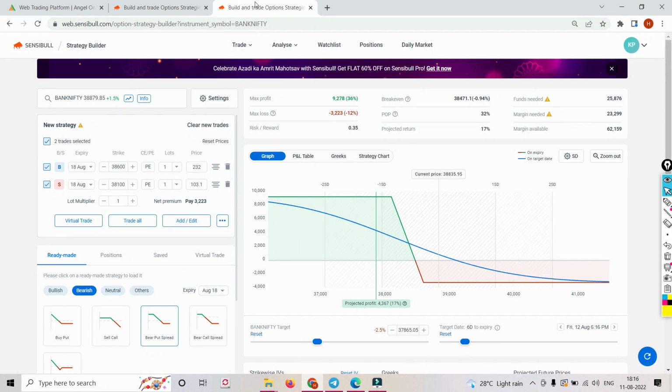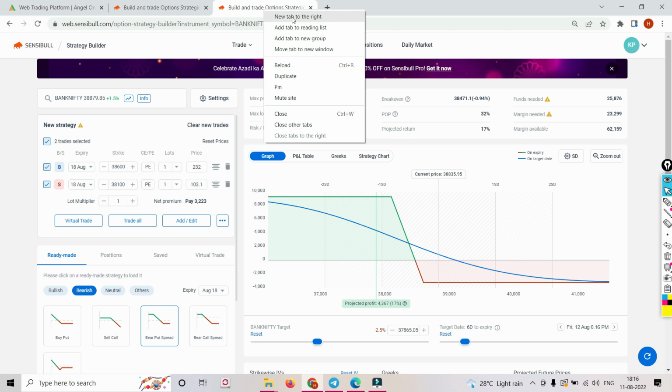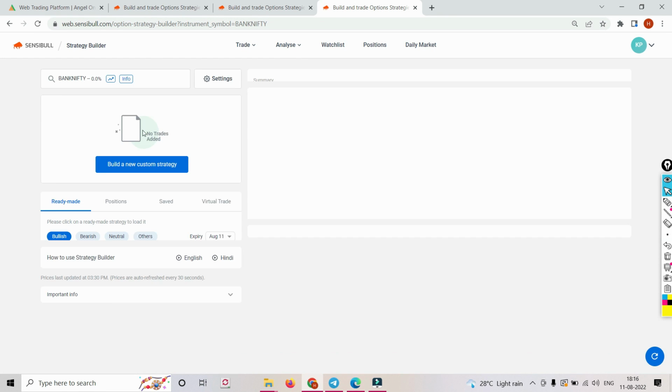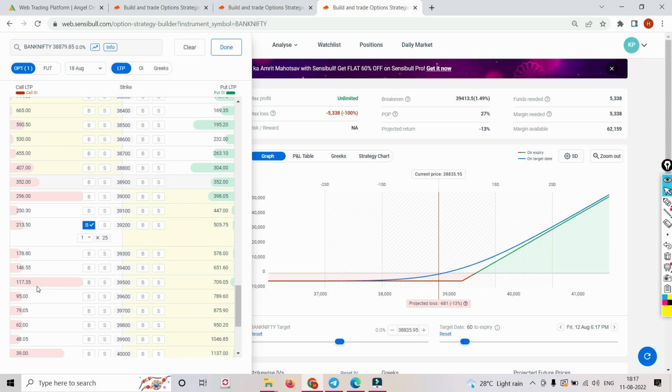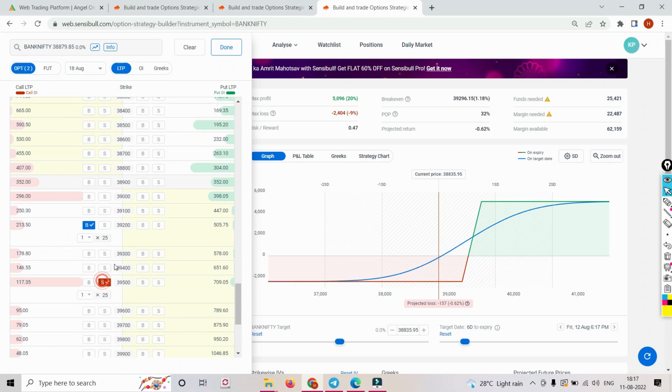Let me take you to the other slide. I'll make a duplicate of it and go to Bank Nifty. I'll try to deploy the call debit spread now. I'll select the 18th, 230 somewhere here, buy, and let me sell.